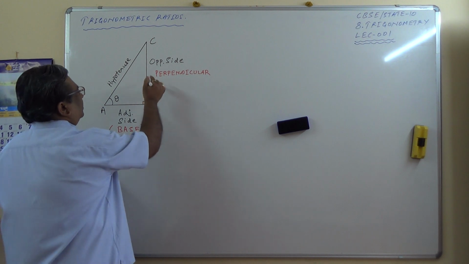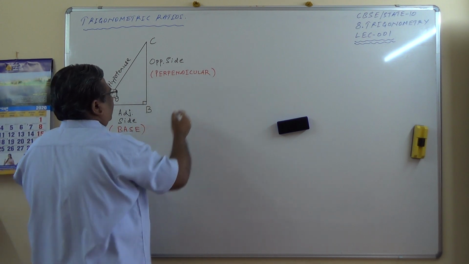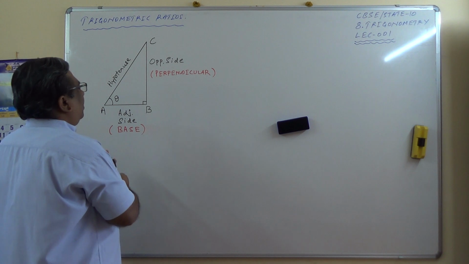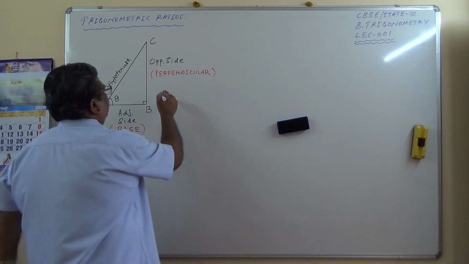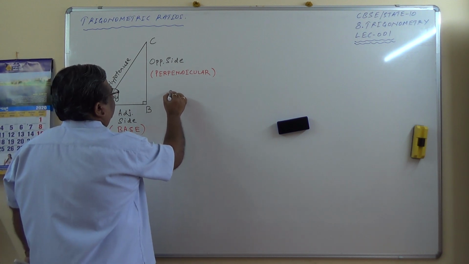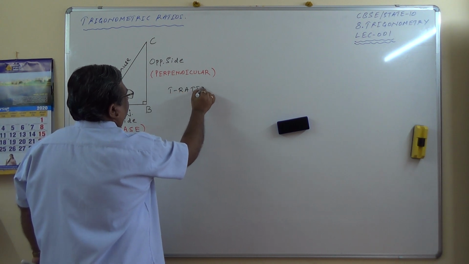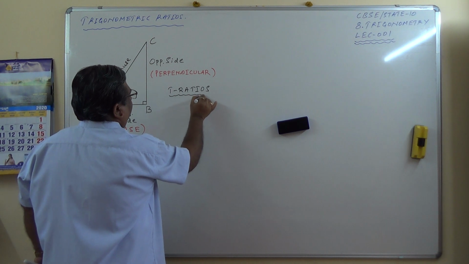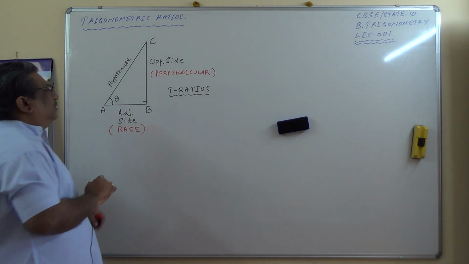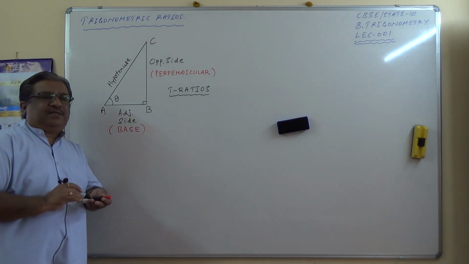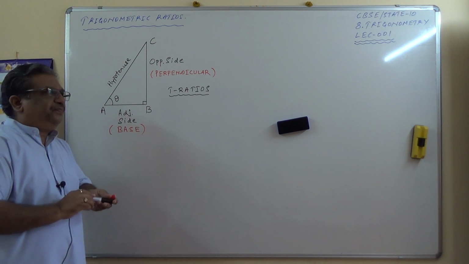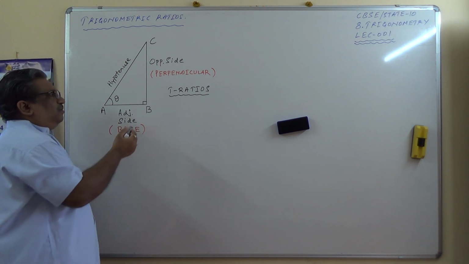So let us list down the trigonometric ratios now. T ratios. There are 3 plus 3, 6 trigonometric ratios. And what are those ratios?